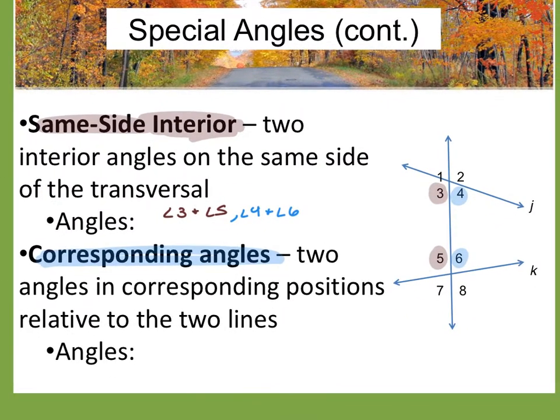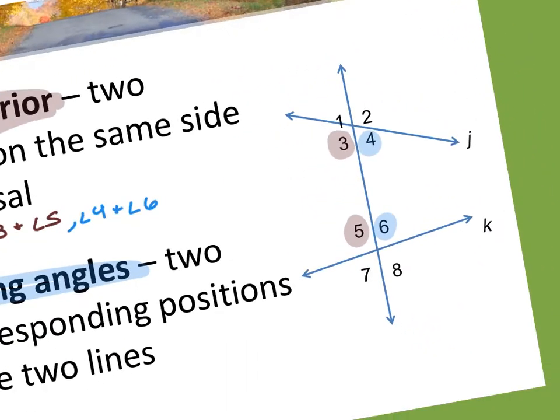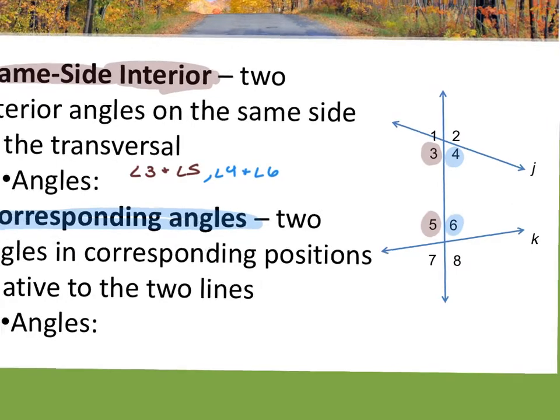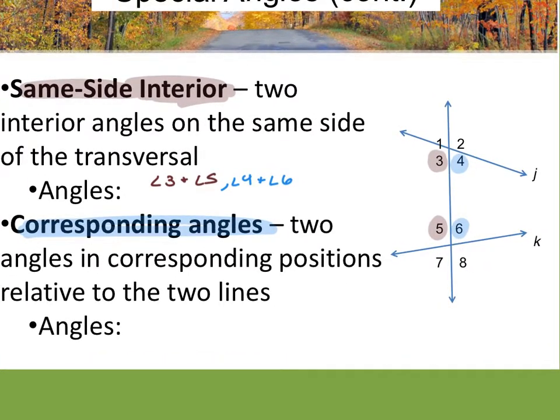Remember, this could rotate around, right? Now my transversal is running that way. They still have to be on the same side of the transversal, but in between, okay? So it's still the same pairing. 4 still goes with 6 and 3 still goes with 5. So keep in mind that this kind of shape is going to rotate all around. Questions on same side before I get into corresponding?